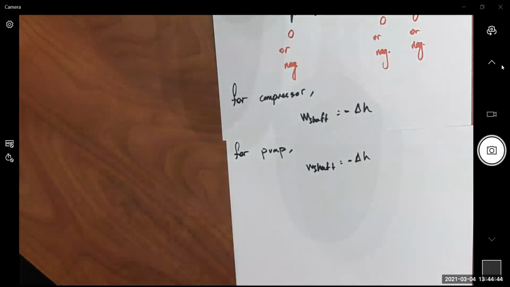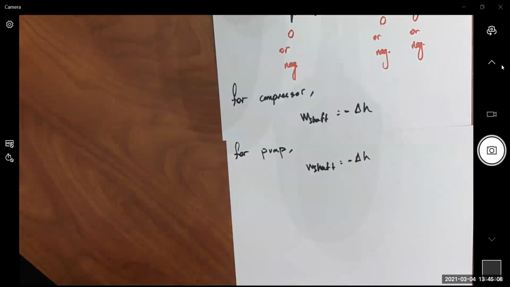Compressor operates with compressible fluids, and pump operates with incompressible fluids. Incompressible fluids means that specific volume doesn't change, meaning density doesn't change. Density doesn't change, I can take advantage of that to find my enthalpy difference.